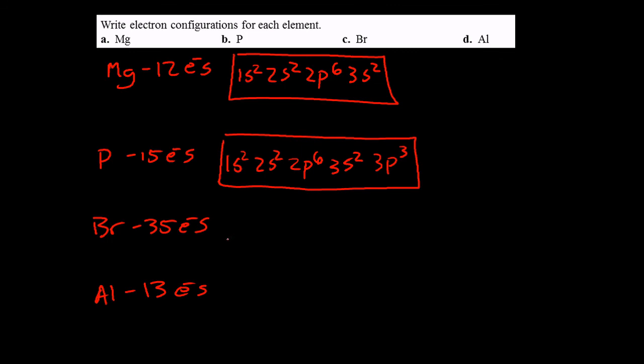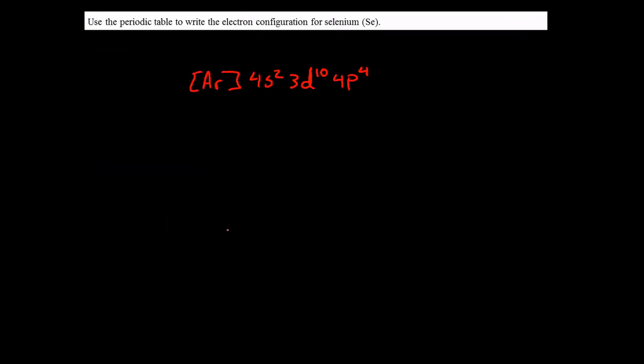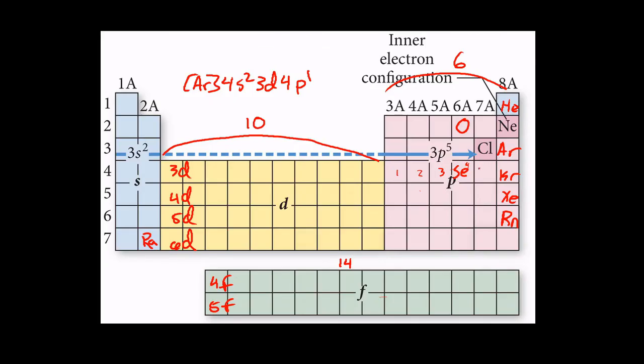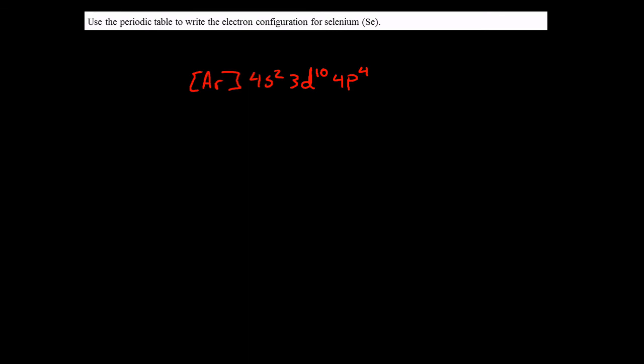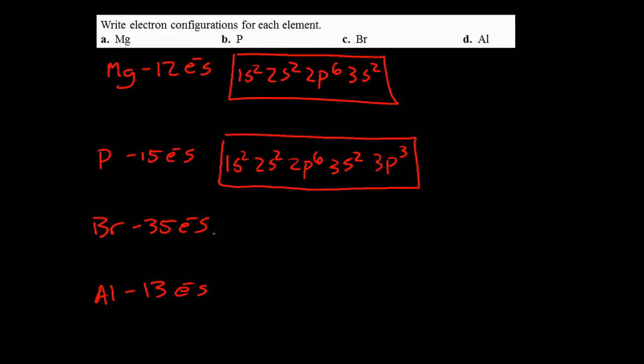We'll go ahead and do the noble gas core for bromine. Bromine is the 3rd halogen down. So if we go back here, this is bromine. So argon was the last noble gas before bromine. So we're going to pick up with the 4s after that. So we have argon, 4s2.